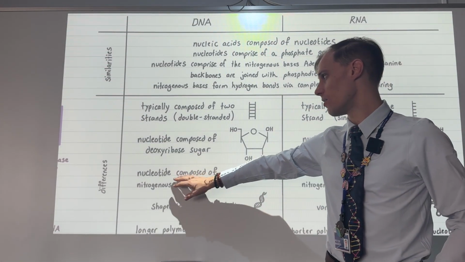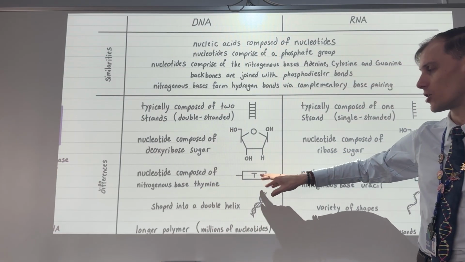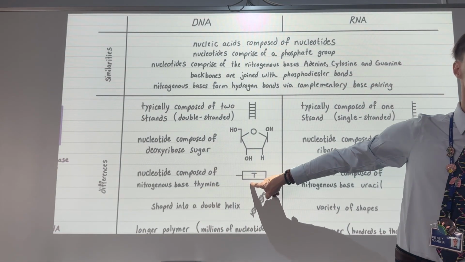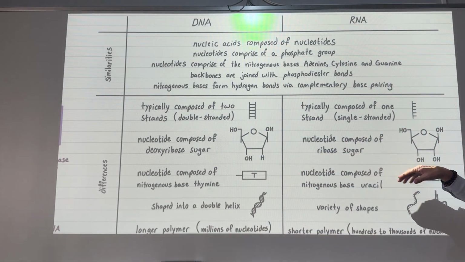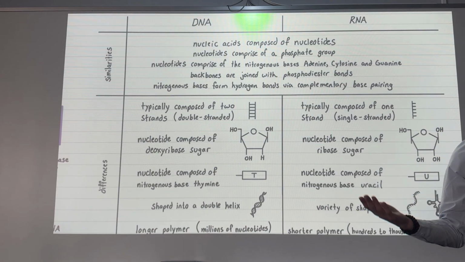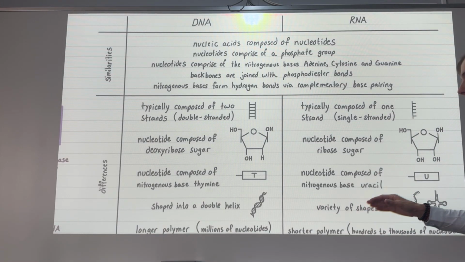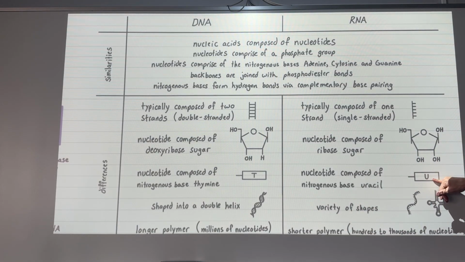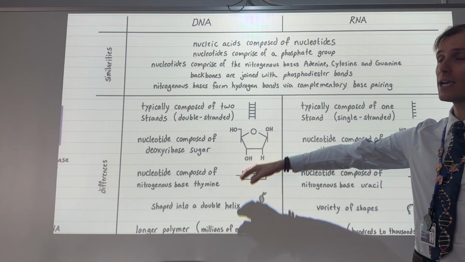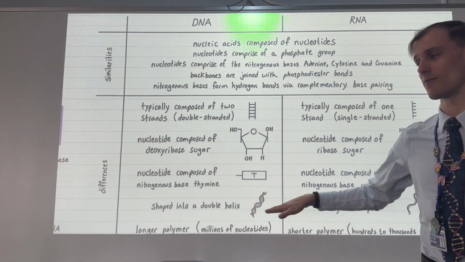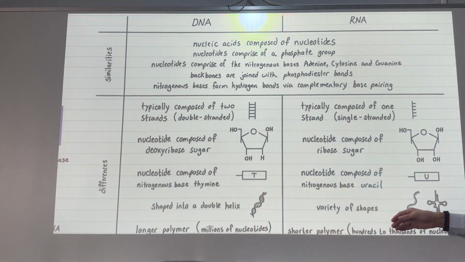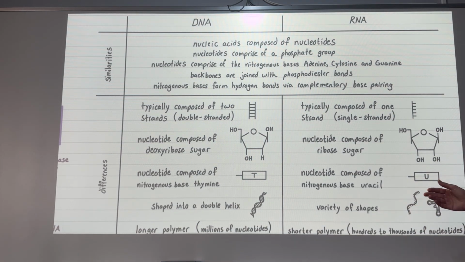In DNA, the nucleotide comprises the nitrogenous base thymine, represented with a capital T, whereas in RNA, there will not be any thymine. Instead, there can be uracil, represented with a capital U. DNA's three-dimensional structure will be that of a double helix, whereas RNA's is slightly more variable, where you can get a single helix or loops.